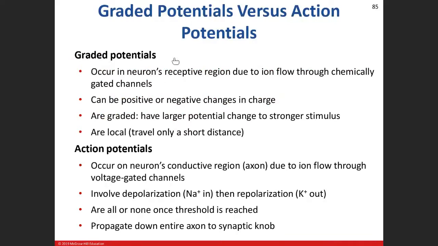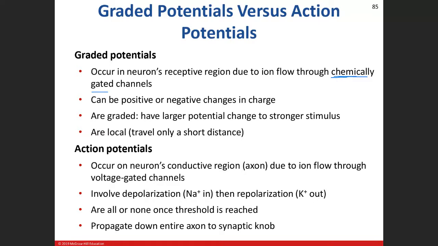Okay, so let's review. Let's look at some of the differences of graded potentials to action potentials. Graded potentials cause ion flow across the plasma membrane due to the opening of chemically gated channels.